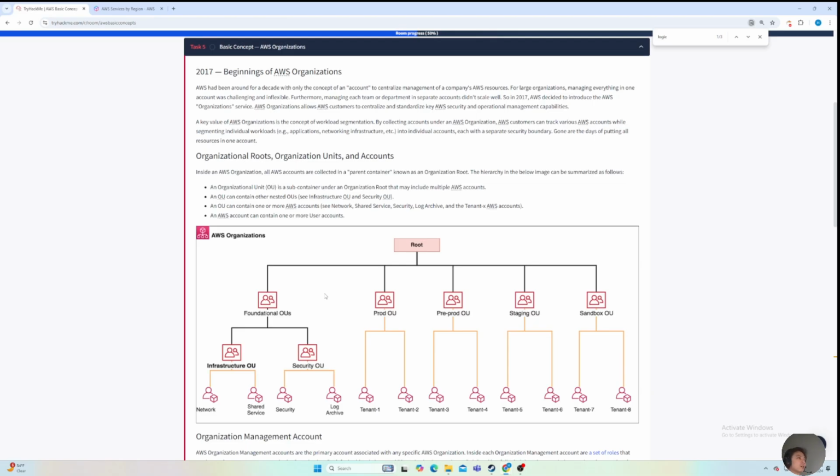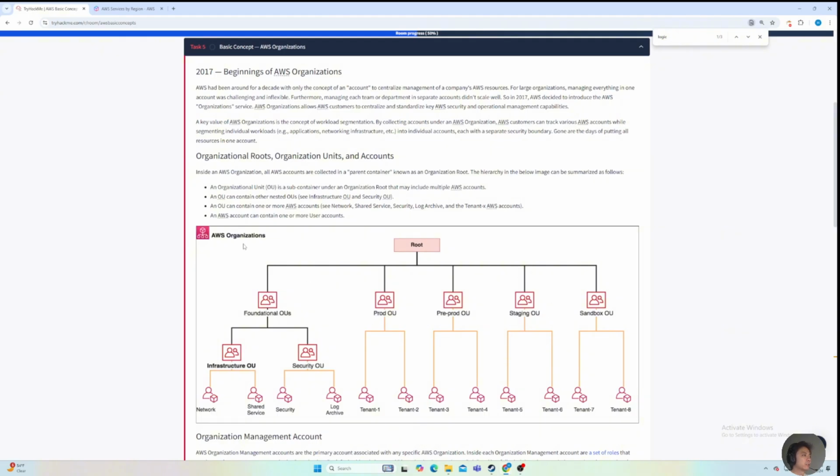Organizational root, organizational units, and accounts. Inside AWS, all AWS accounts are collected in a parent container known as the organizational root. The hierarchy in the image below can be summarized as follows. An organizational unit, OU, is a subcontainer under the organizational root that may include multiple AWS accounts. So these are the OUs.